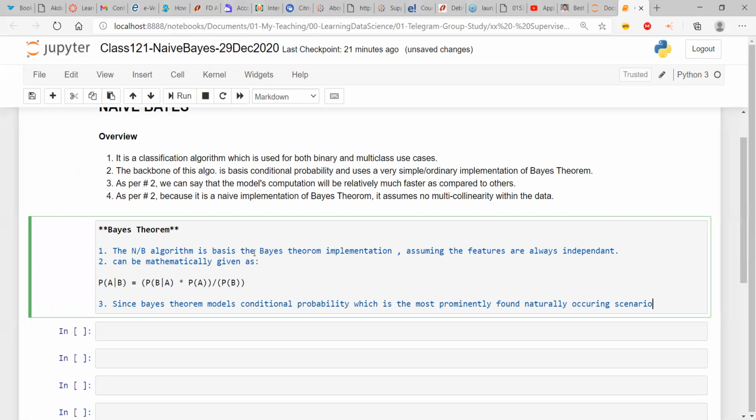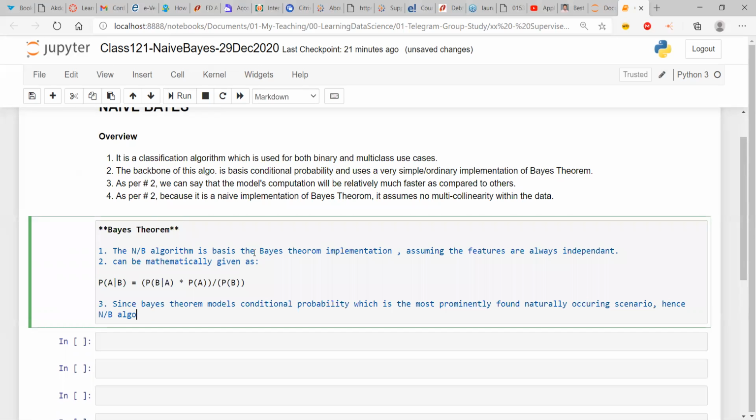So since Bayes theorem or conditional probability is generic in nature, hence the naive Bayes algorithm also finds its use in any such naturally occurring situations.